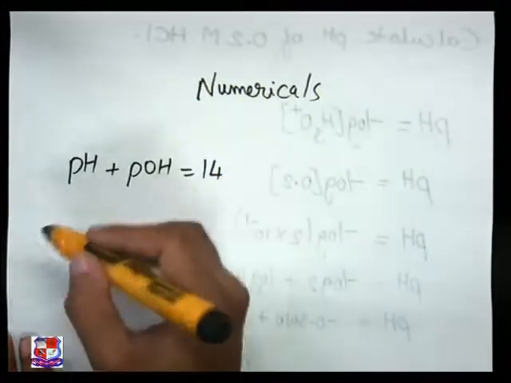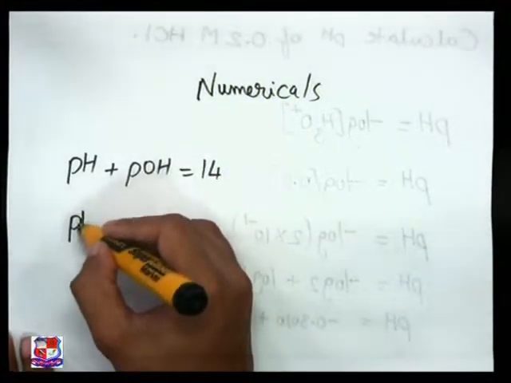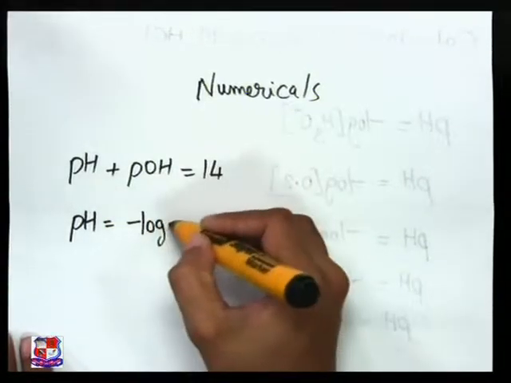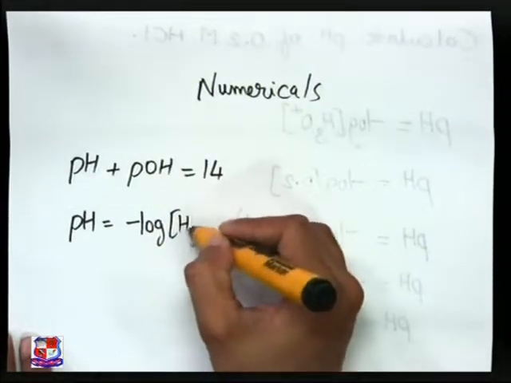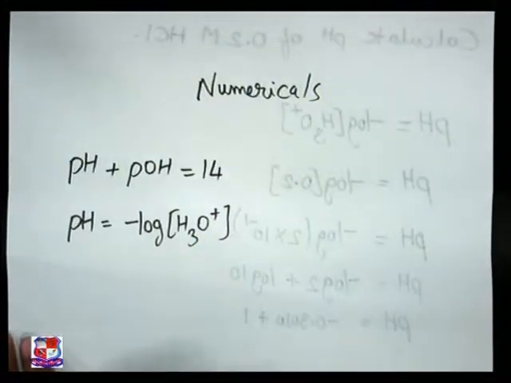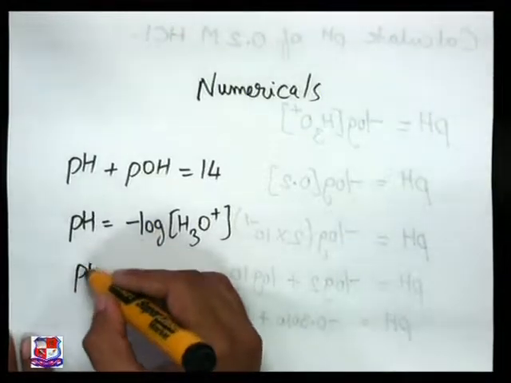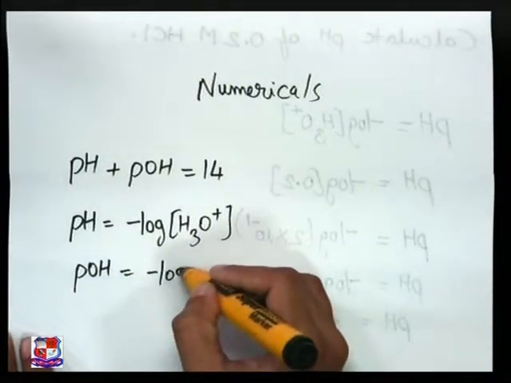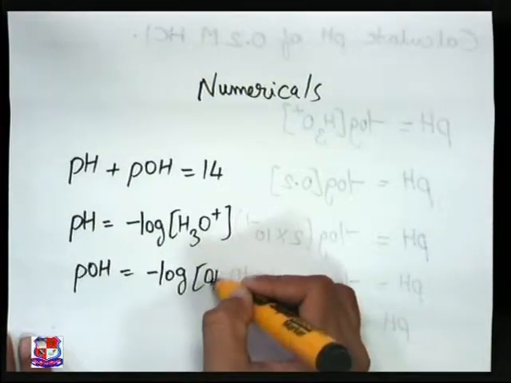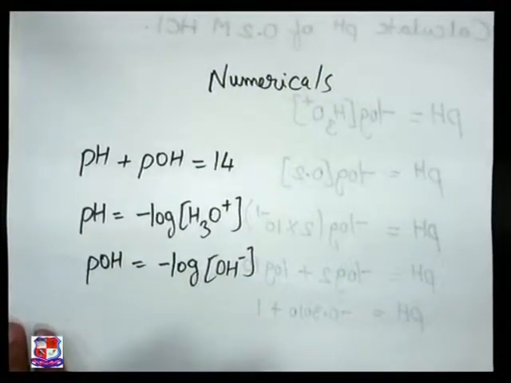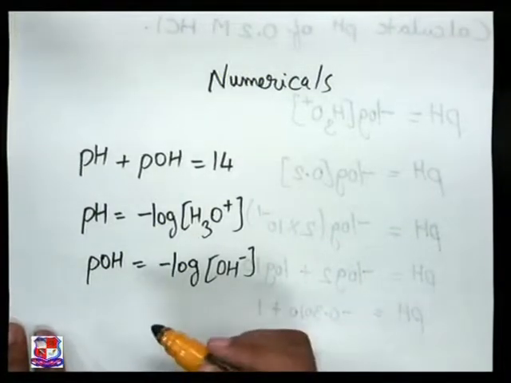Another formula is pH equal to minus log of H3O plus ions. Then you have pOH equal to minus log of OH minus. These formulas are very useful to calculate any pH.